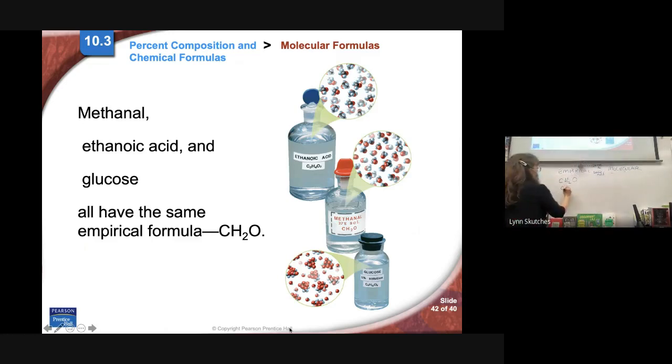If you do this, 1 times 12, 2 times 1, 1 times 16, and add them up, 12 plus 2 is 14, plus 16 makes 30 grams per mole. And methanol actually has a molar mass of 30 grams per mole, but ethanoic acid doesn't and glucose doesn't. But they're a multiple of this.